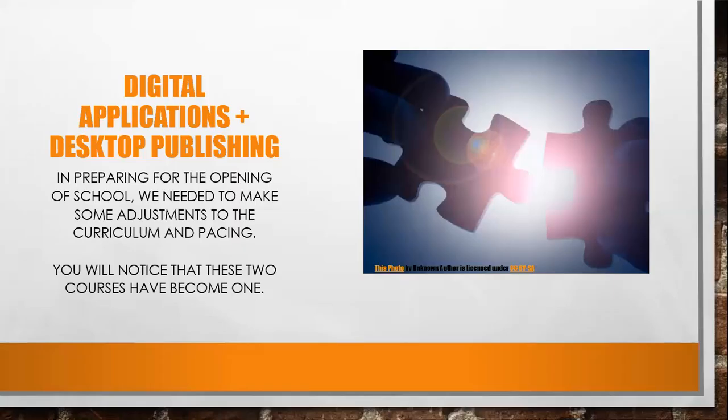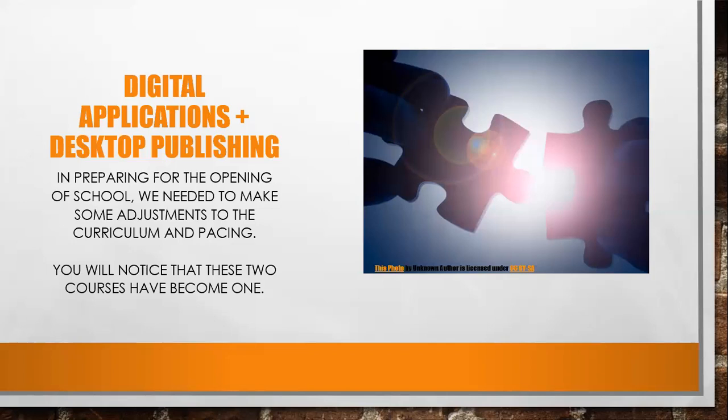All right, so really quickly, you may have noticed, and I know that schedules are still coming out and things are still changing, and I couldn't even tell you what people are teaching. But because this year they have shifted to a 4x4 schedule, they've combined the digital applications and the desktop publishing classes into one single course.